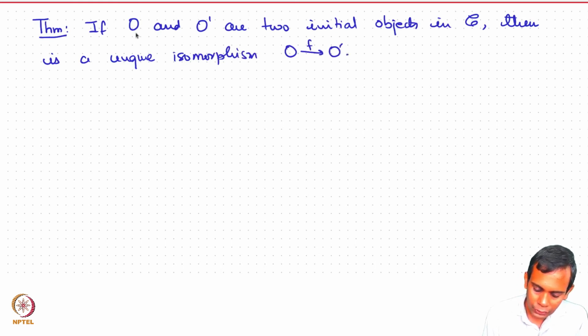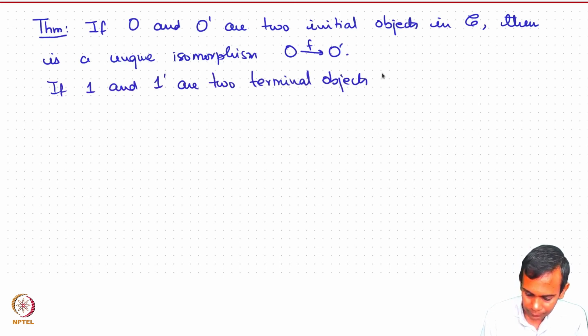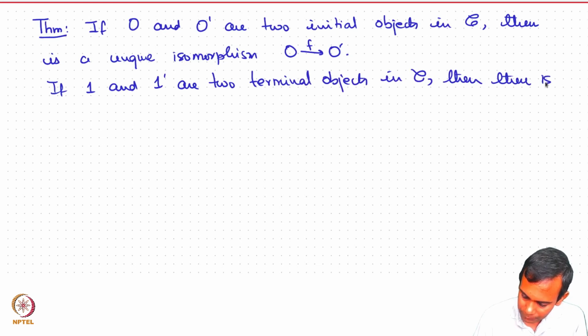And similarly, it's true of terminal objects. If 1 and 1 prime are two terminal objects in C, then there is a unique isomorphism from 1 to 1 prime.